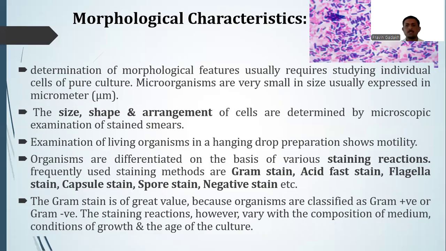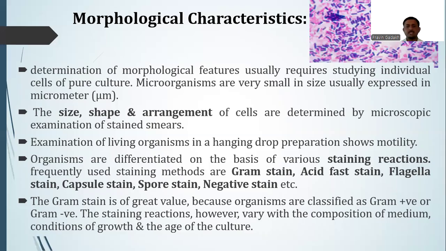On that basis, we can differentiate organisms into gram positive or gram negative, in which the cell wall composition differentiates the organisms into two groups. Other methods are acid fast staining, flagella staining, capsule staining, spore staining, and negative staining. These are the different staining methods we use for differentiating organisms from one another.